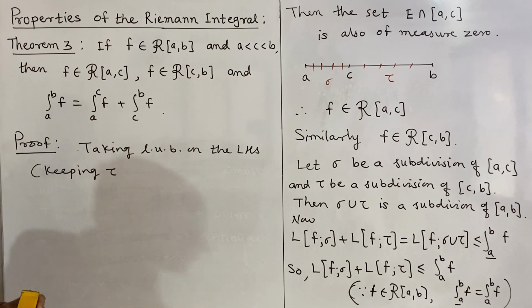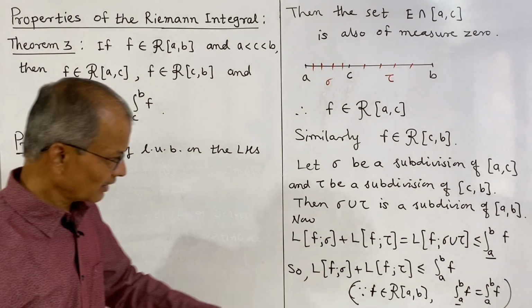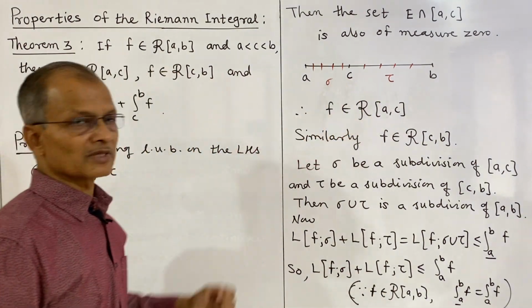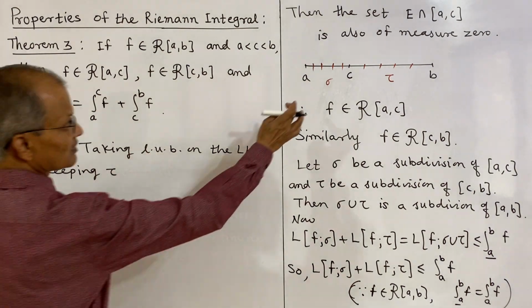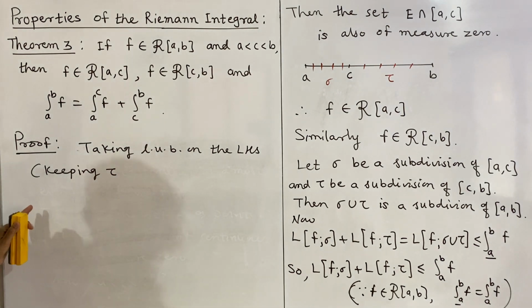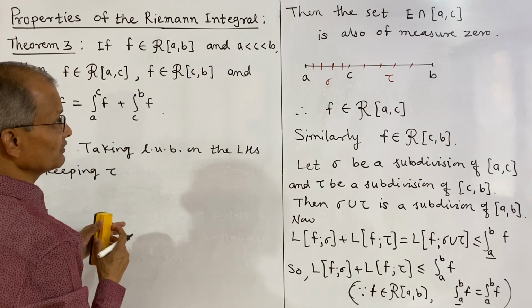For a moment we will keep tau fixed, and in the next step we shall take the LUB over the subdivision tau. So one by one we are taking the LUB on these subdivisions. First we shall take the LUB on the left side, on the subdivision sigma.